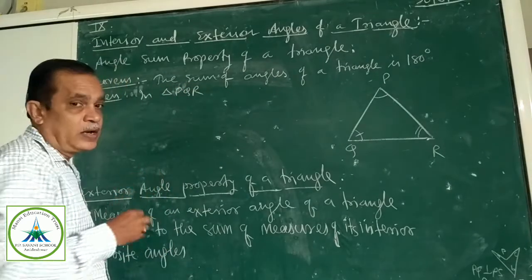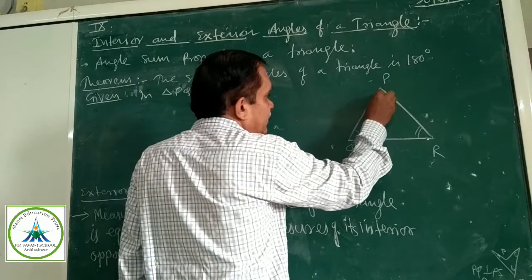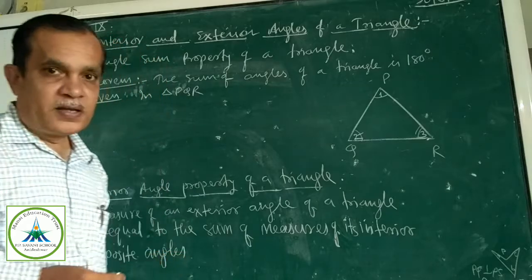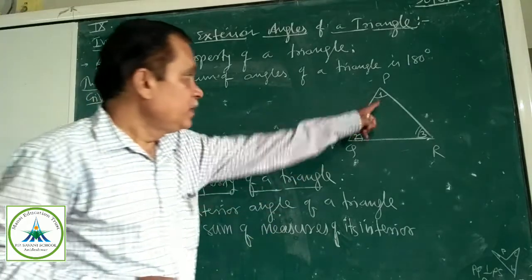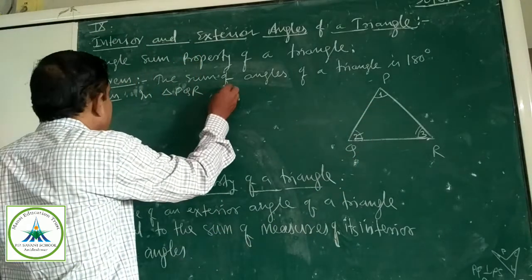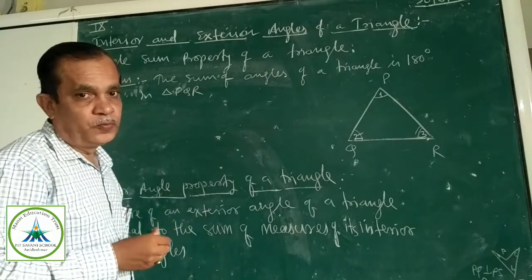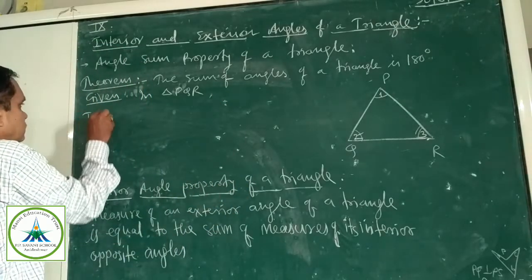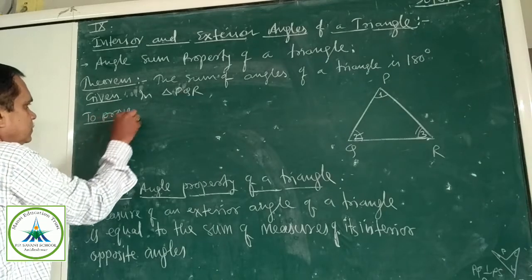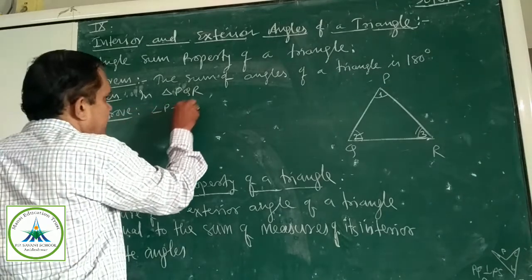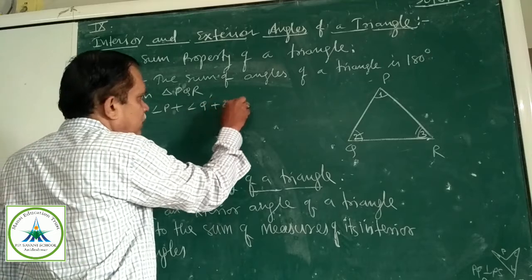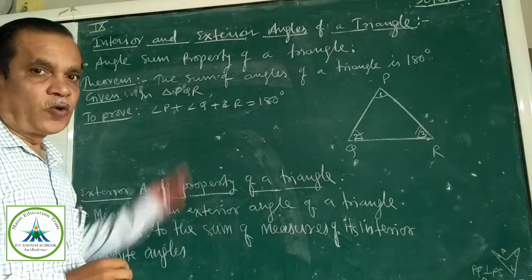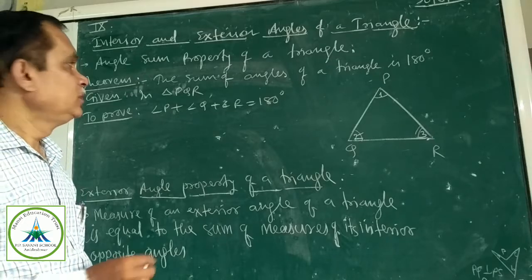In triangle PQR, I am numbering these interior angles 1, 2, and 3. These are interior angles: angle P, angle Q, angle R. Now to prove: angle P plus angle Q plus angle R equal to 180 degrees, right?